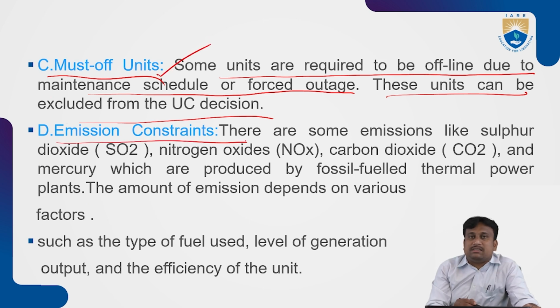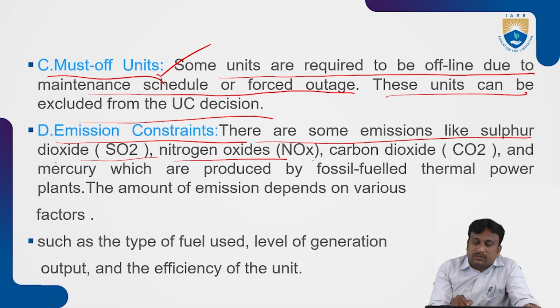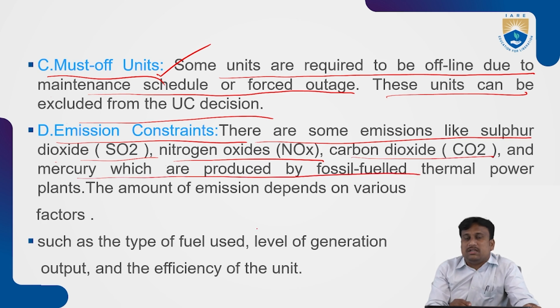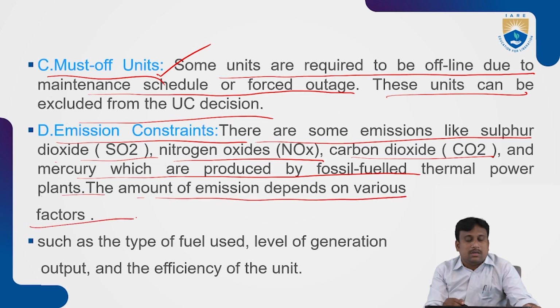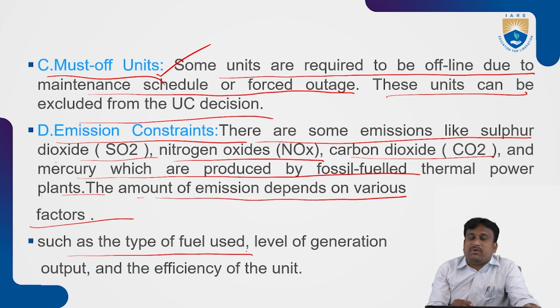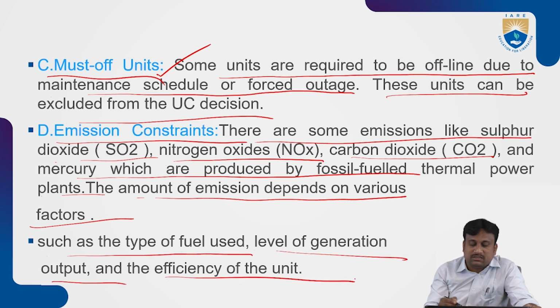And then there are emission constraints. Some emissions, like sulfur dioxide (SO2), nitrogen oxides (NOx), carbon dioxide (CO2), and mercury, are produced by fossil-fueled thermal power plants. The amount of emission depends on various factors, such as the type of fuel used, the level of generation output, and the efficiency of the unit.